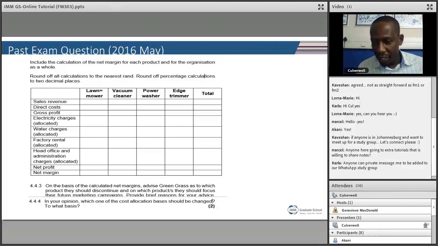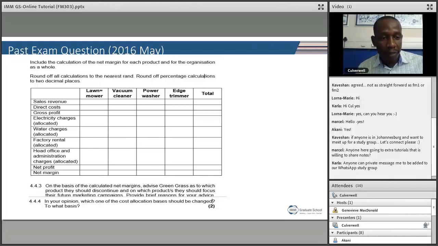Let's go through the very same activity on vacuum cleaner. We made 5.6 million on gross profit from vacuum cleaner. And then I'll go and subtract those. The electricity charges, we said they were 180,000. Minus our water charges, we said they were 81,600. Minus your factory rental, we said they were 540,000.